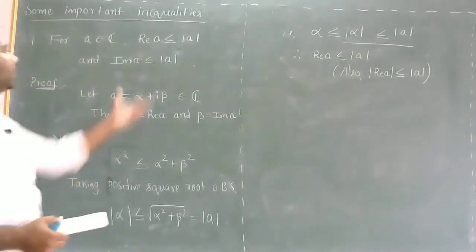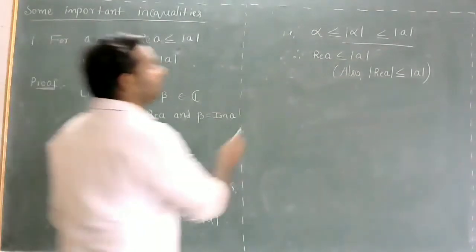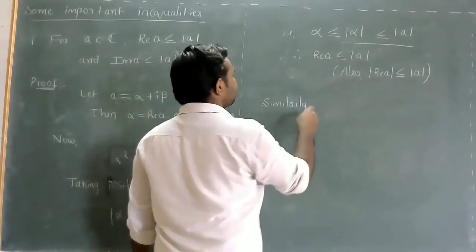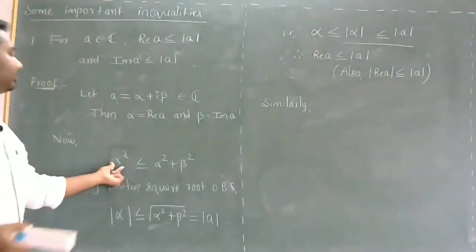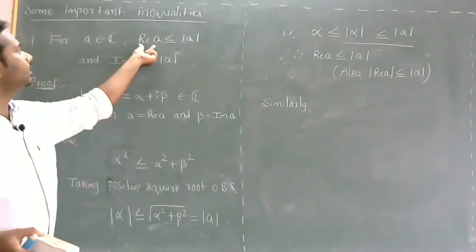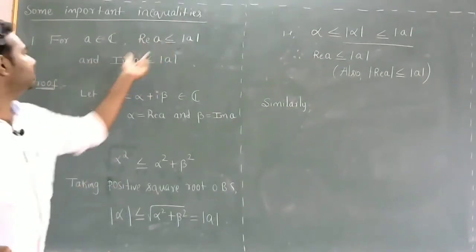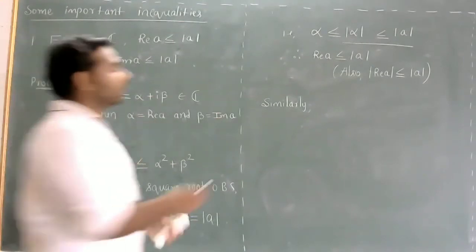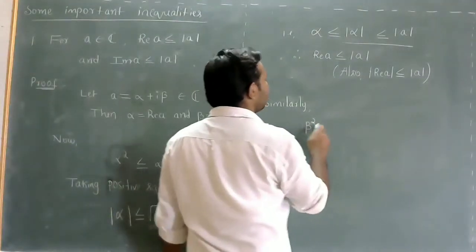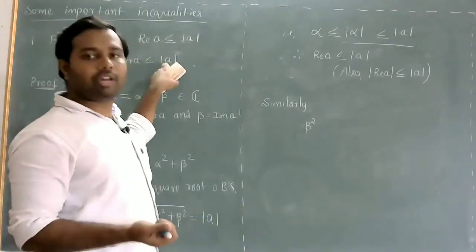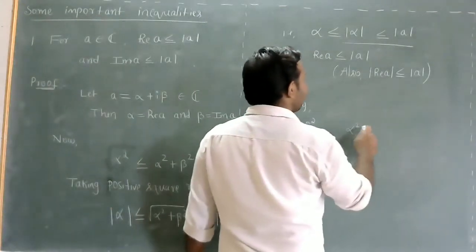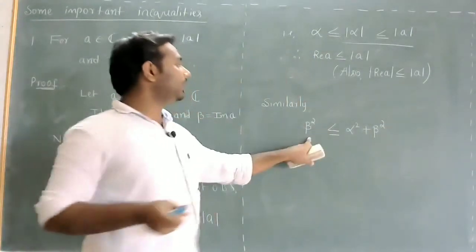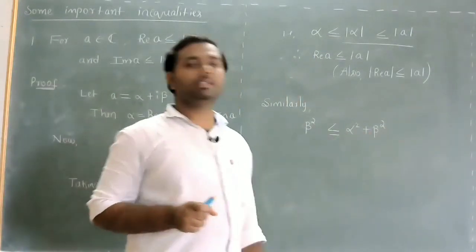Now similarly we can prove the other way. Similarly, as we started with alpha square to get this inequality, real part of A. Now to get this, imaginary part of A is beta, so start with beta square. So beta square, and on the right hand side modulus of A. So once again alpha square plus beta square, and we can see beta square is less than or equal to alpha square plus beta square.